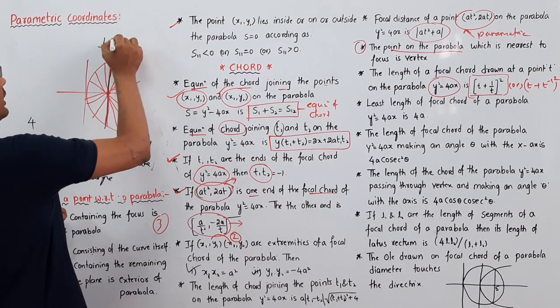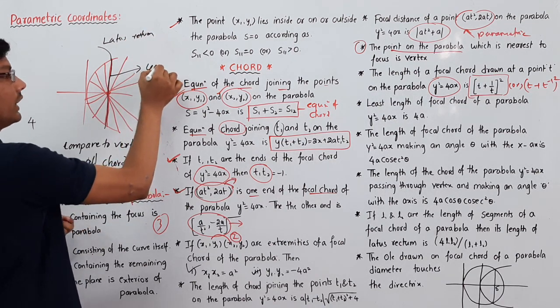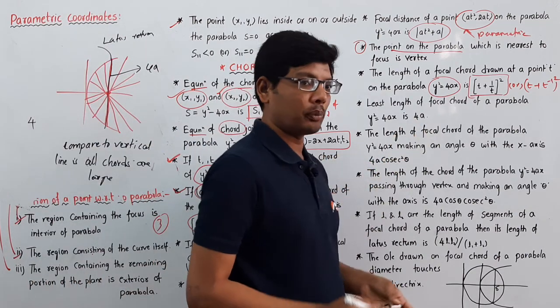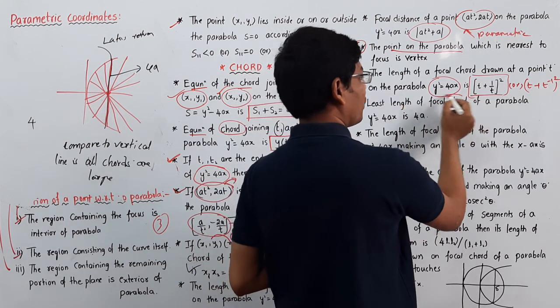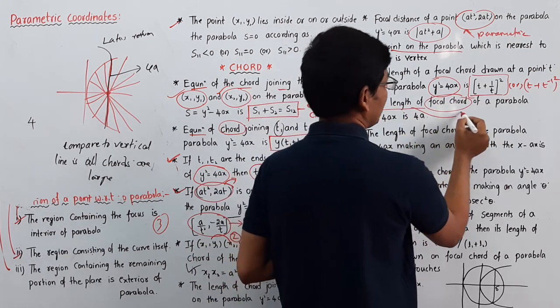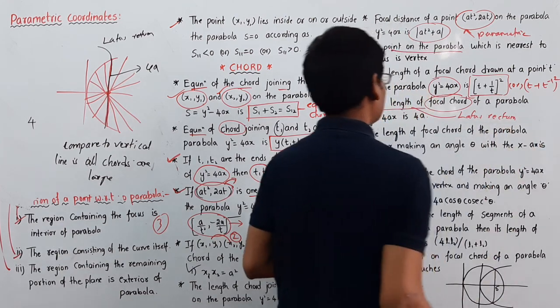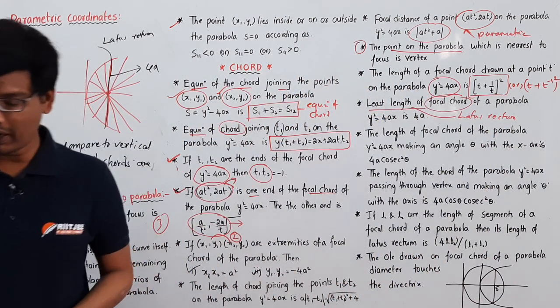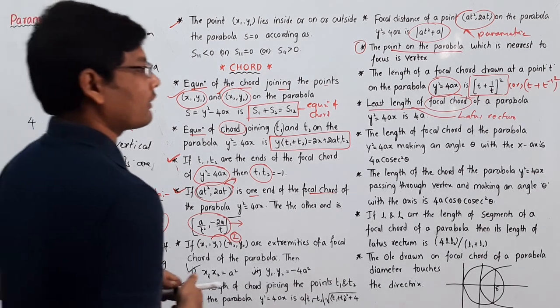This is the latus rectum, and the length of the latus rectum is 4a. So that is what he is saying at this point: the least length of a focal chord is the latus rectum. The least length of a focal chord is called the latus rectum, and the least length of the focal chord is 4a. And the next point is the length of a focal chord of a parabola.